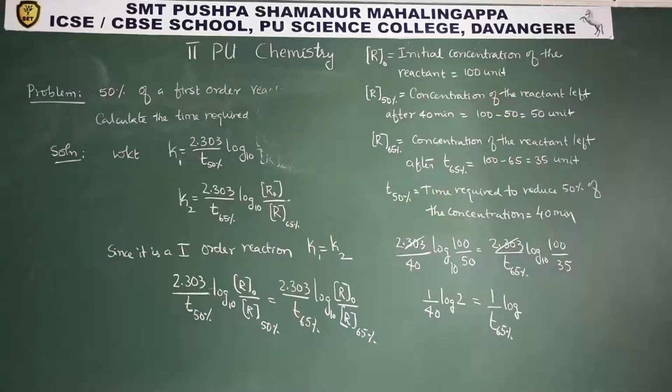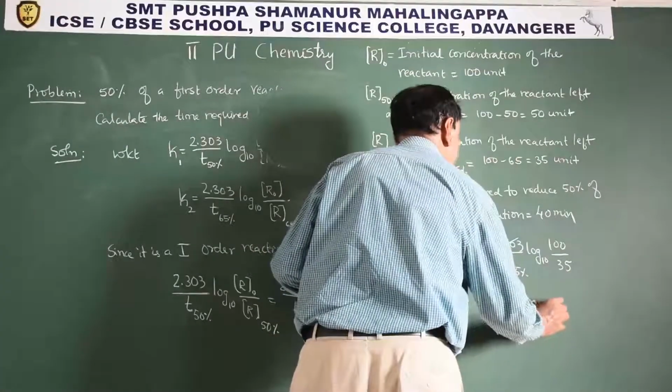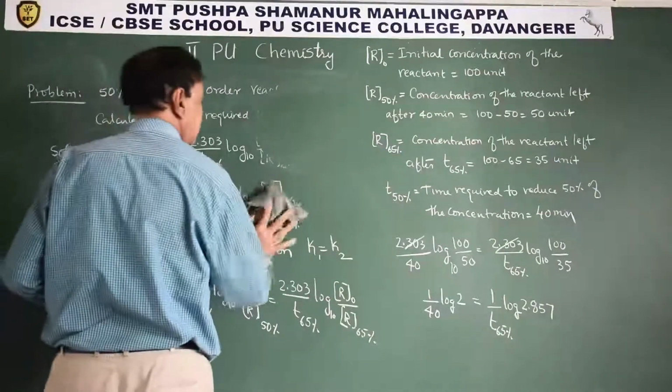Calculate 100 divided by 35. That is 2.857. Now calculate the T65 value.